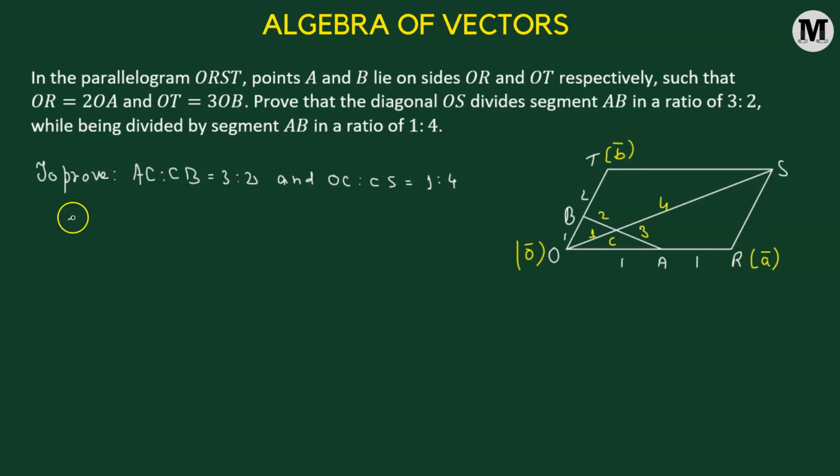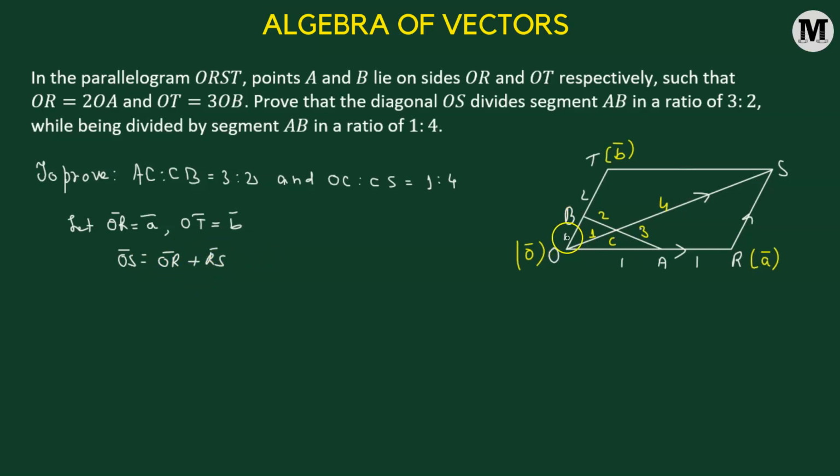That means OR vector is a vector, and OT vector is b vector. Now using these two vectors, we can also find the position vector of S, because OR vector added to RS vector gives us the diagonal OS vector.